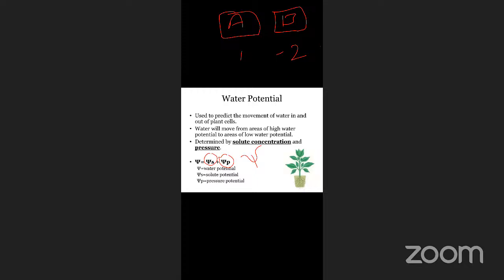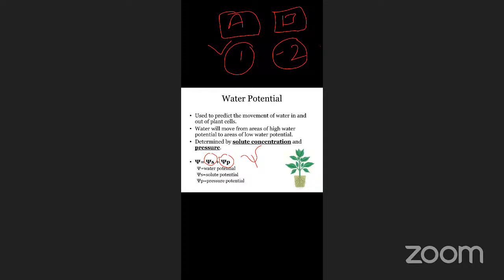Where is high water potential? Already given the value. Water potential of A cell is 1, B cell is -2. Which value is higher? -2, sir? Huh? One. Yes, 1. -2 is low.